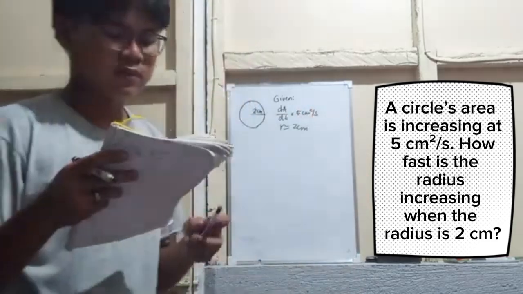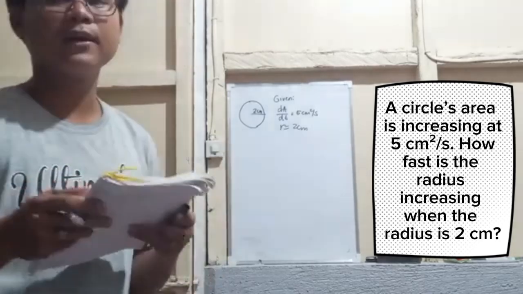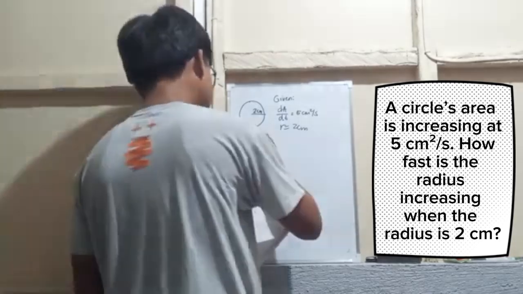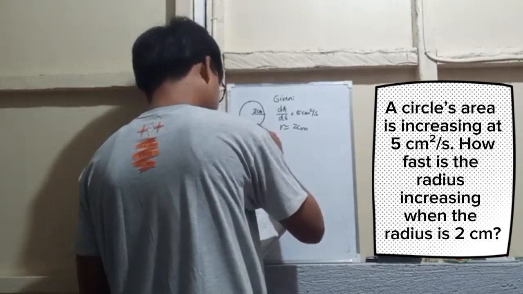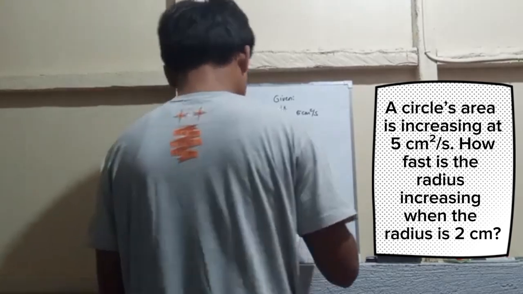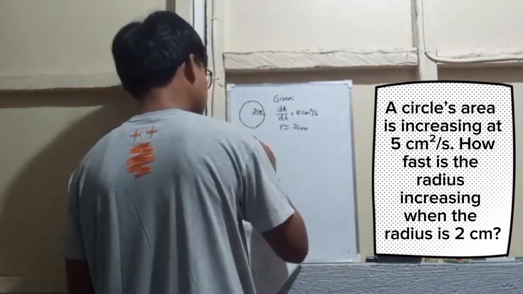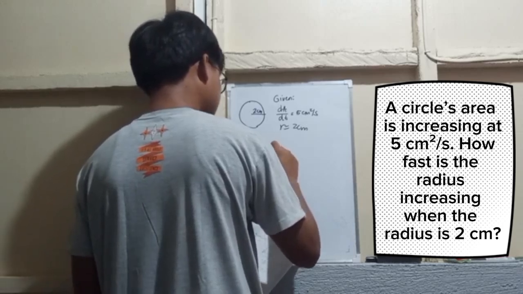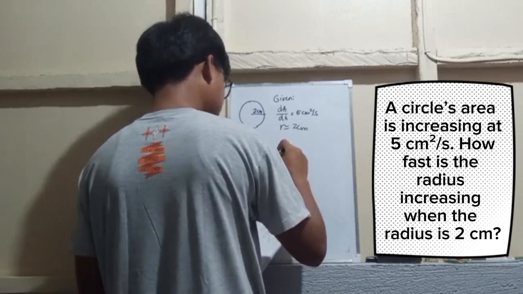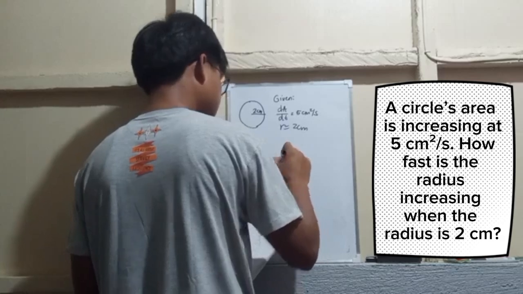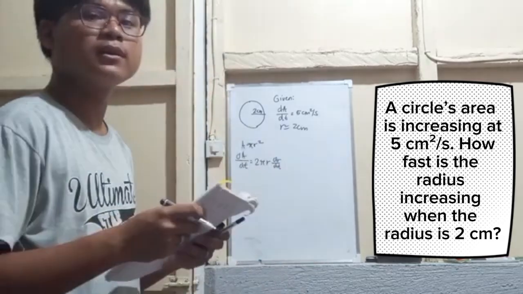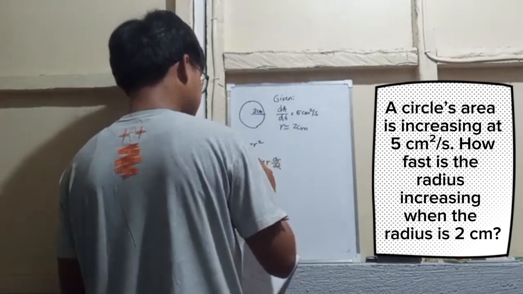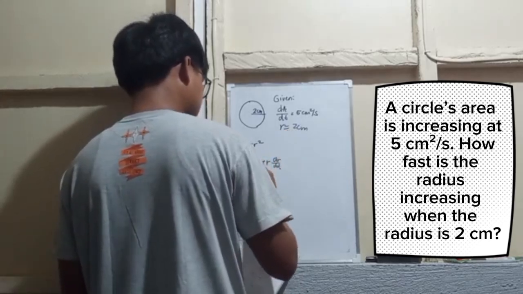So now we know that in getting the area of a circle, the formula is pi r squared. Then we'll differentiate the formula, so we will get dA over dt equals 2 pi r dr over dt. Now we will substitute the given values into the formula.